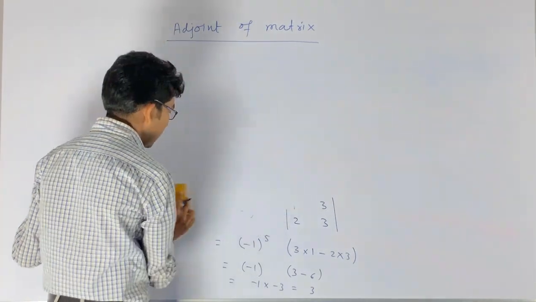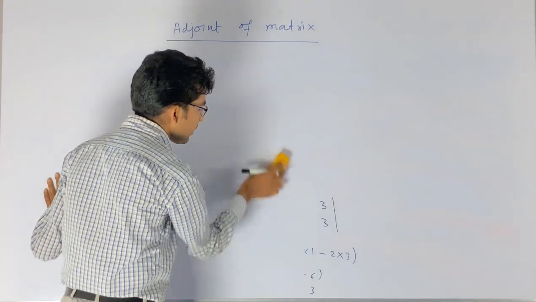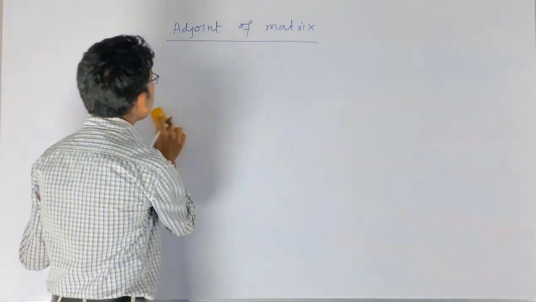Now it's time to define adjoint of a matrix.